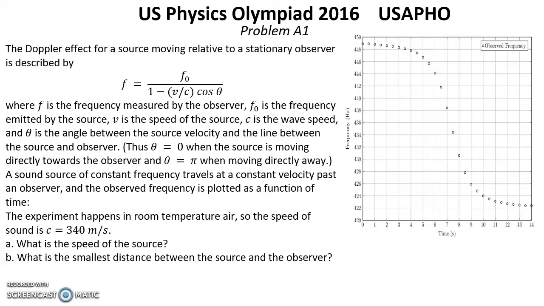Thus theta equals 0 when the source is moving directly toward the observer, and theta equals pi when moving directly away.